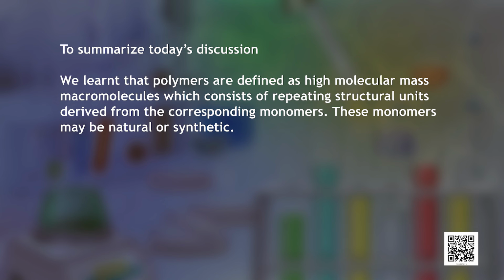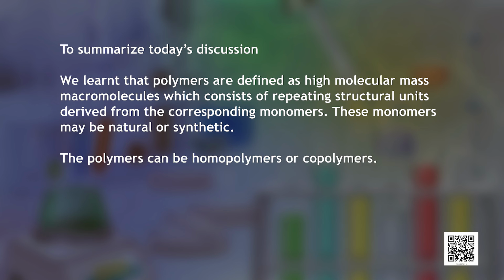Let's summarize what we have learnt today. Polymers are defined as high molecular mass macromolecules which consist of repeating structural units derived from the corresponding monomers, and these monomers may be natural or synthetic. Polymers can be homopolymers or copolymers.